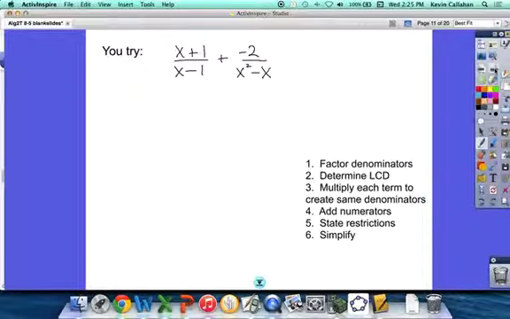What's the greatest common factor between x squared and x? So factor out an x.